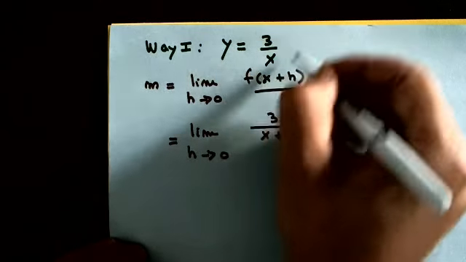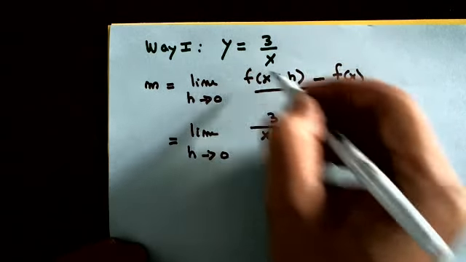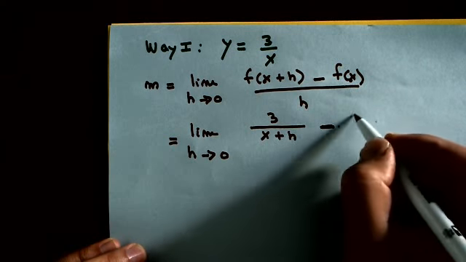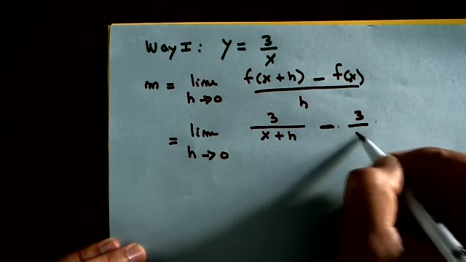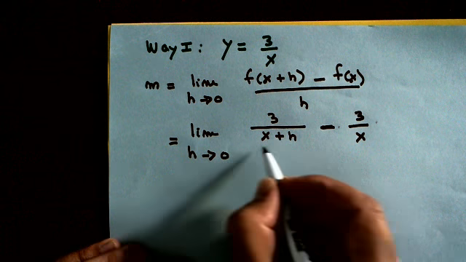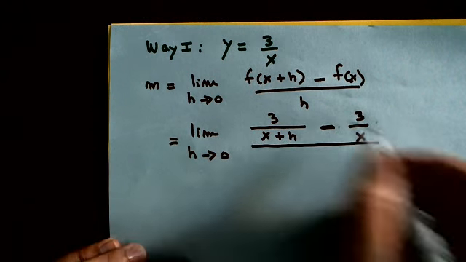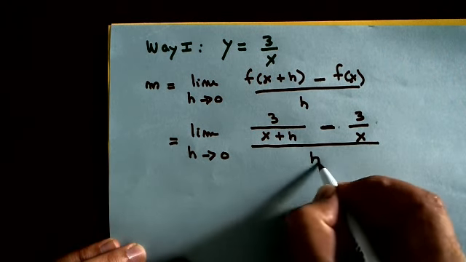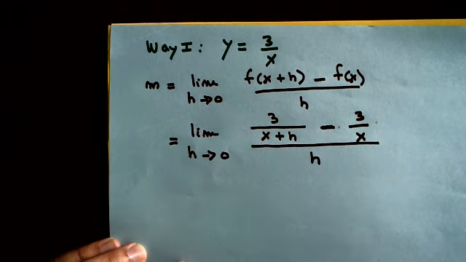Then minus f of x. Remember, this is also your f of x, so it's 3 over x. That's just the top, over h.